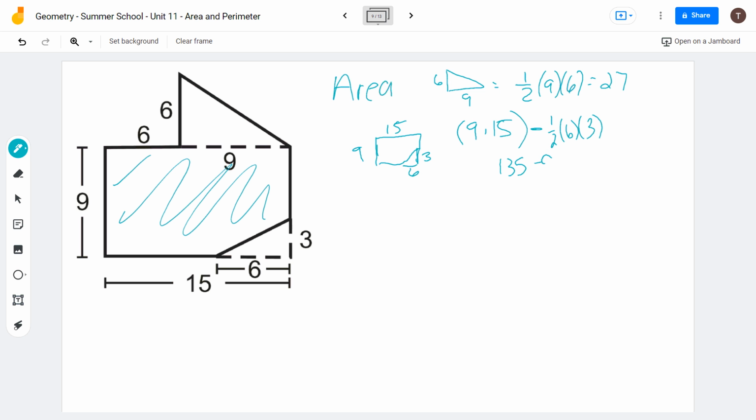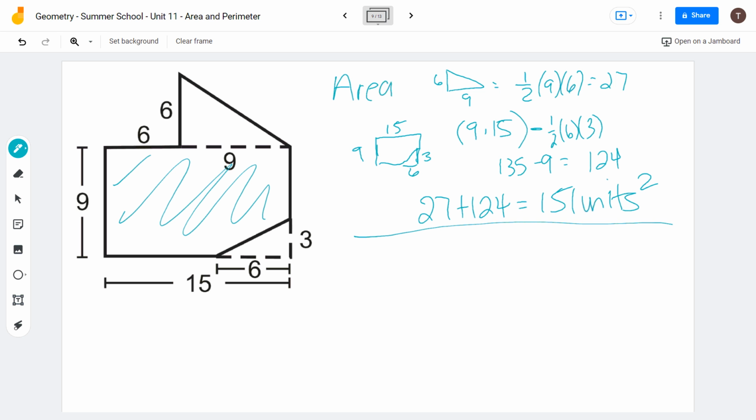Then I subtract 9, so I'd get 124. Now I need to do 27 plus 124, and that would be 151 units squared. I don't have any units, so I'll just write units squared. It does get a little tricky there. I took the triangle and added the rectangle, but had to subtract another triangle from that.